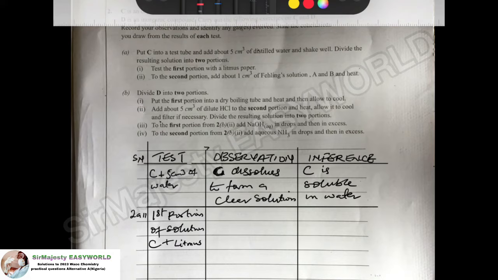What is your observation? No action on litmus, because C is actually glucose and is neutral. No action on litmus paper, or you can say there is no effect on litmus paper.